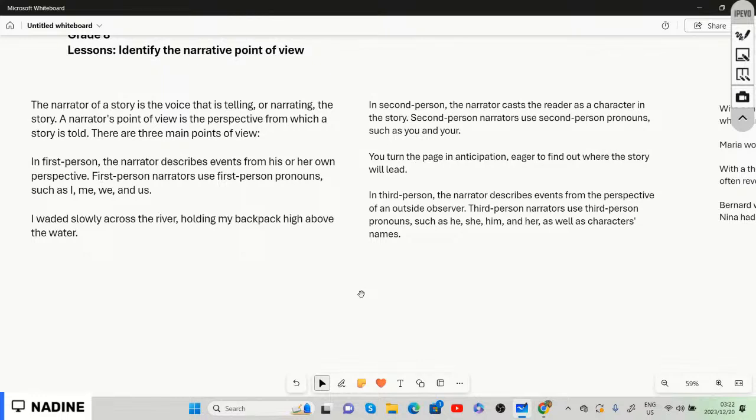And remember, like I said earlier on, the narrator is like the main person within a story, because the narrator knows and describes the characters of each one.